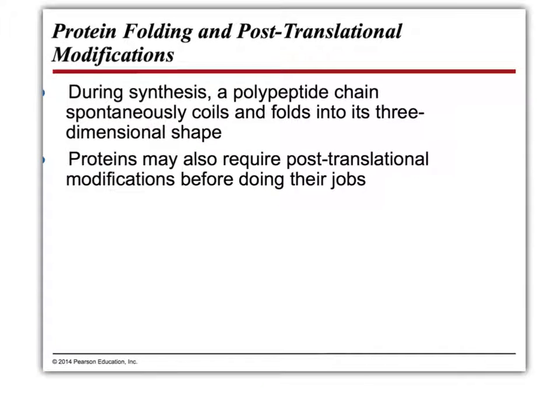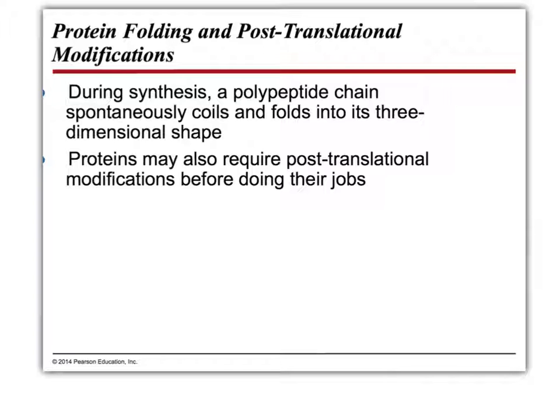So, protein folding. During synthesis, the polypeptide chain will begin to fold, depending upon the type of protein it is. There are other proteins within the cell that will direct how the fold occurs, because not all proteins fold into their correct shape spontaneously or on their own.